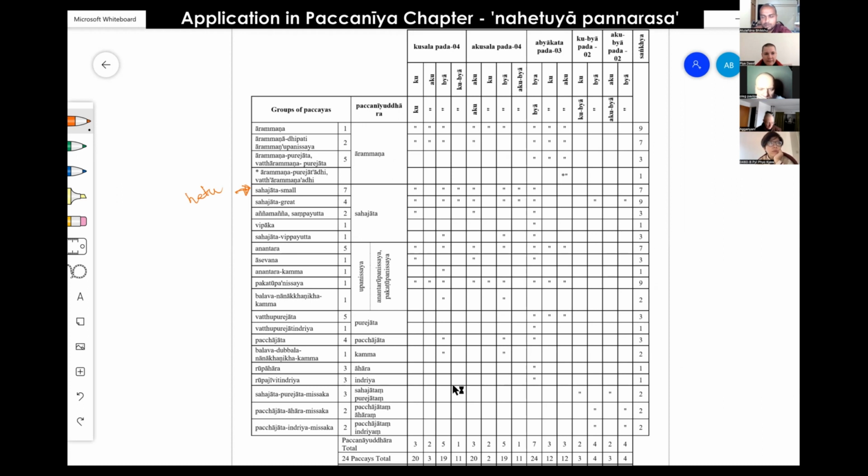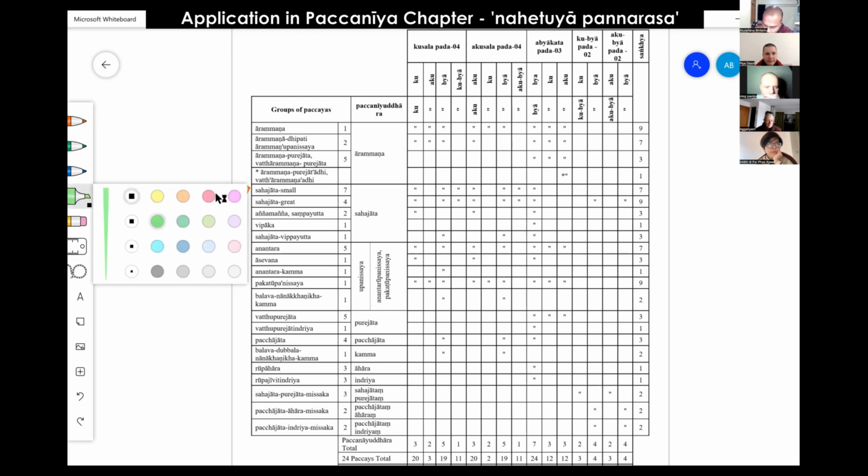I think about 9, right? 9 were applicable for the sahajāta. When we learned the sahajāta paccayana paccayo in the Paccanīyuddhāra, we included hetu there. We said in sahajāta, these paccayas are applicable, and one of them is hetu. So hetu falls here, in the sahajāta small category.